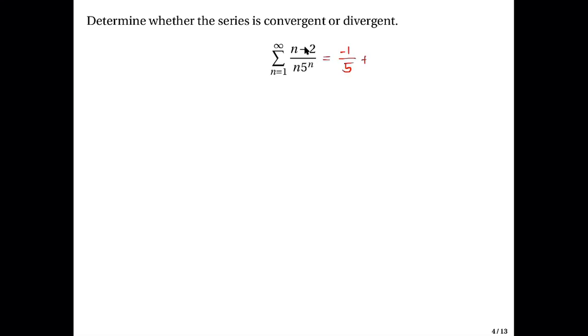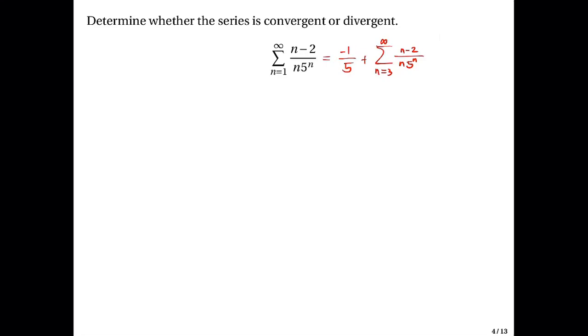And then you just add the sum from n equals 3 to plus infinity of n minus 2 over n times 5 to the n. So this one has positive terms. So just work on this series and then you add this, and you know if it is convergent or divergent.